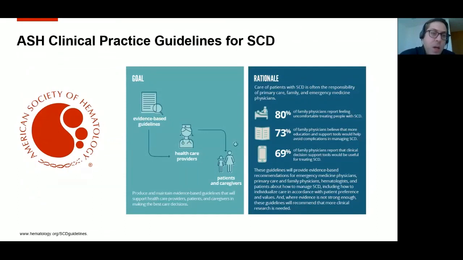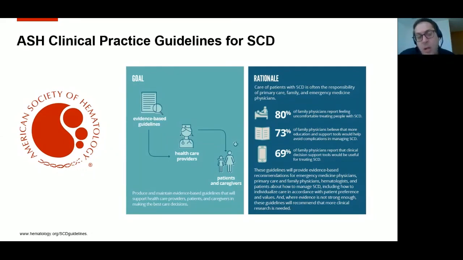ASH has its own set of clinical practice guidelines that were published in the last few years. Again, the rationale, if you look at how the ASH website lays it out, was also stemming from the need for primary physicians and other allied healthcare workers in emergency departments, nursing staff, their need to be more comfortable with the management guidelines in sickle cell disease, because some surveys showed that there is some sort of lack of understanding sometimes, or lack of comfort with the guidelines that are available.